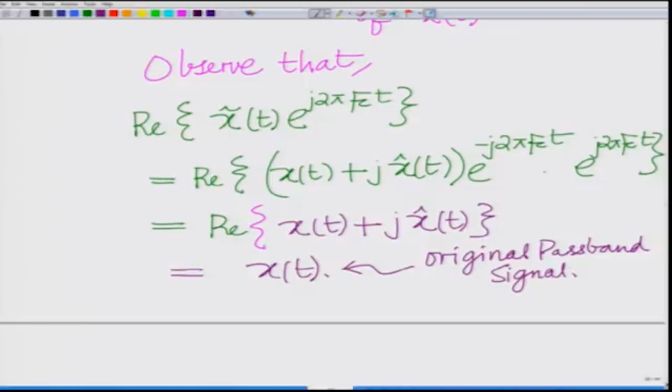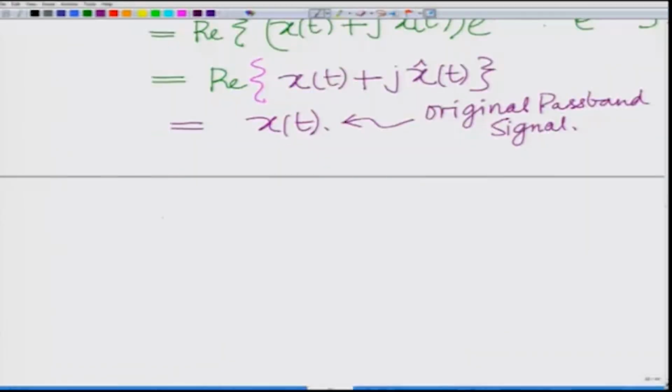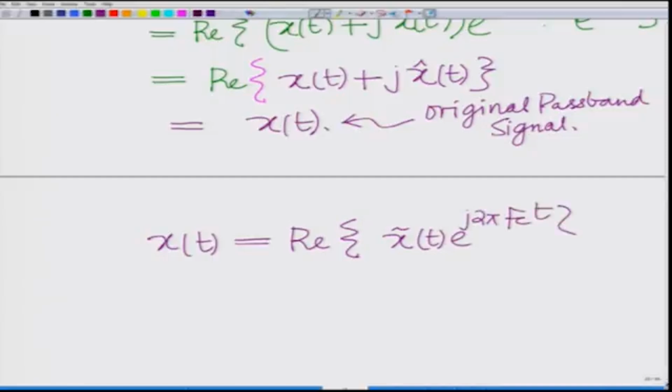Therefore, one can write the passband signal x t as x t equals real part of x tilde t e to the power of j 2 pi f c t.